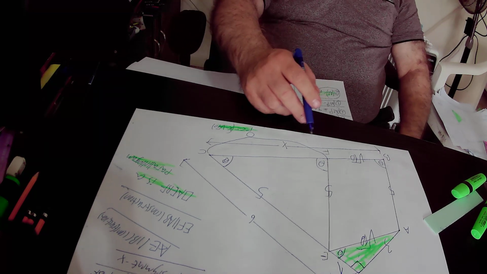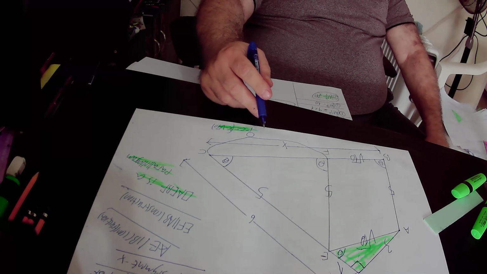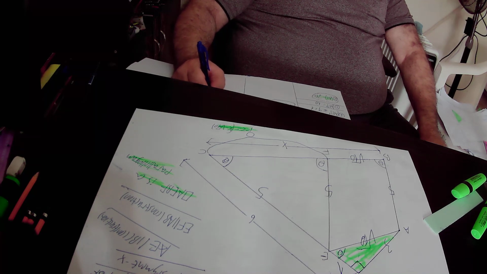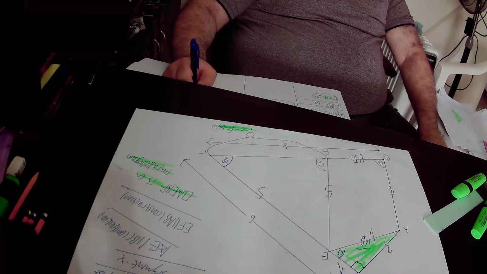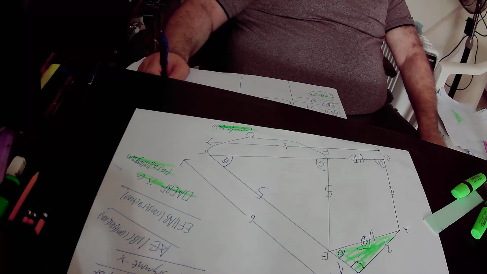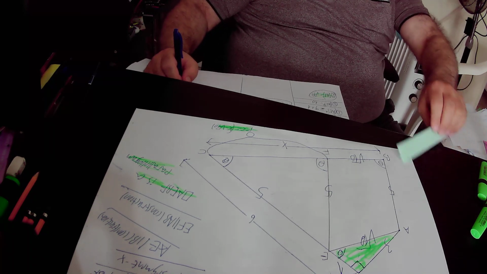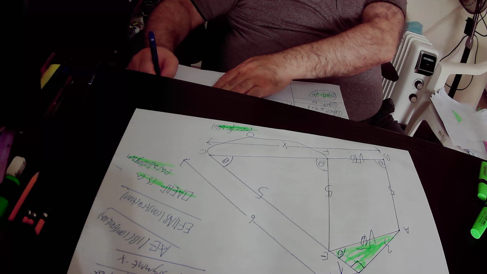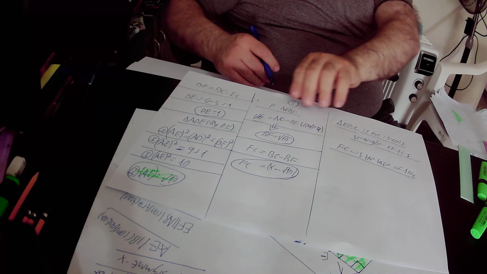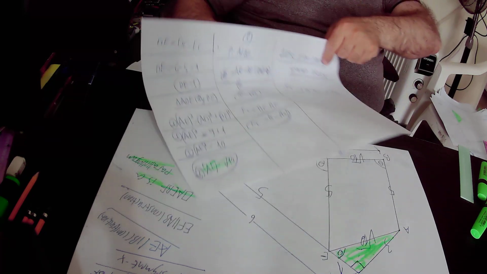And we also know that FC is the base of the isosceles triangle, triangle EFC. I'll repeat again: FC is the base of the isosceles triangle, triangle EFC.